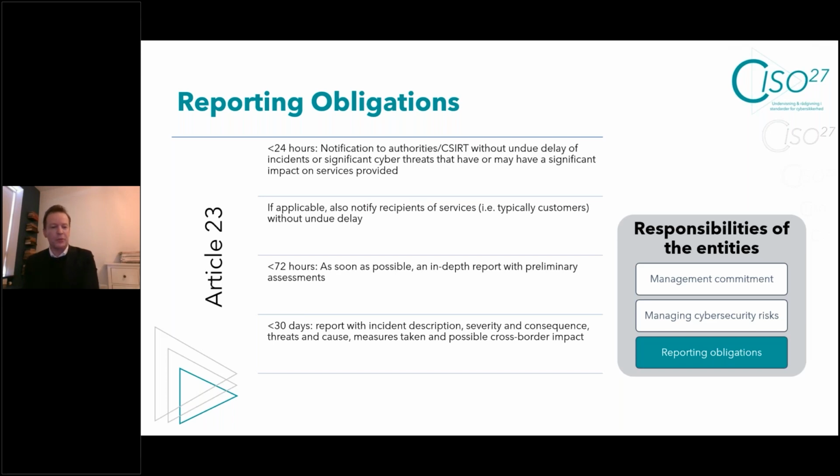Firstly, we will need to look at the processes that deliver the critical services for society, and we'll need to figure out who we need on board, maybe even external supporting organizations, in order to adhere to these reporting obligations for the services we deliver. So again, an overlap in the way the standards are organized.